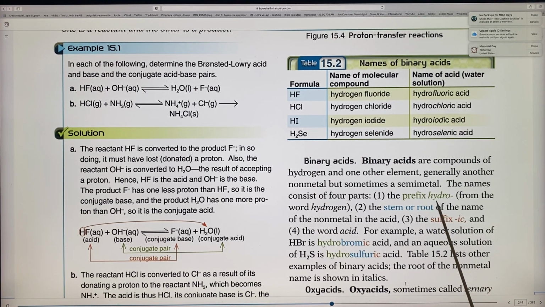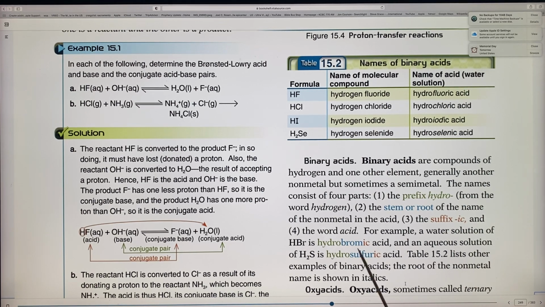The prefix is going to be hydro, from the word hydrogen. And then they're going to have a stem root, or the name of the non-metal, whatever element they're talking about. You're going to put that next in the name. And then you're going to add IC. And at the end, you're just going to put the word acid to tell everyone it's an acid.